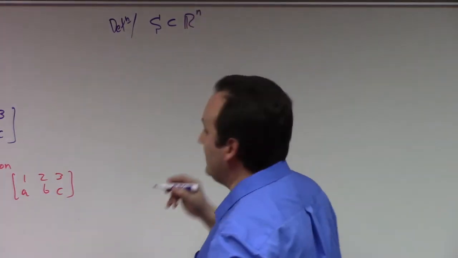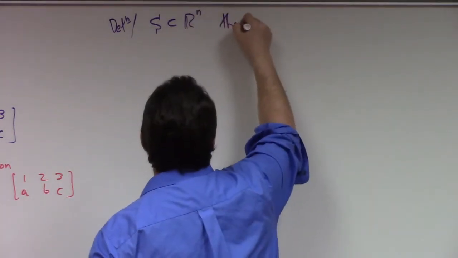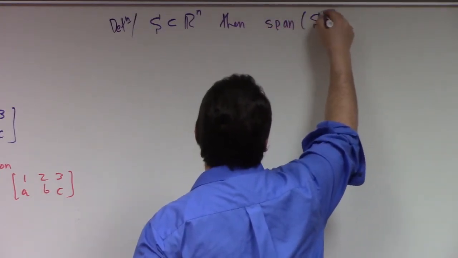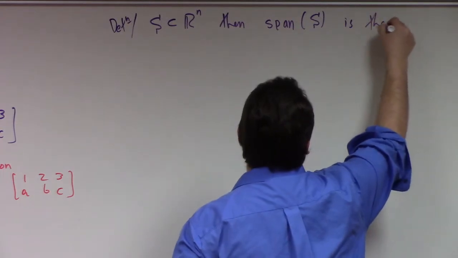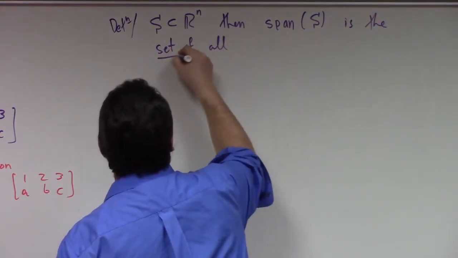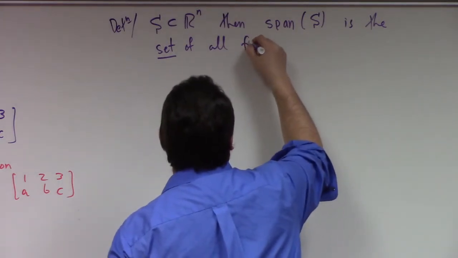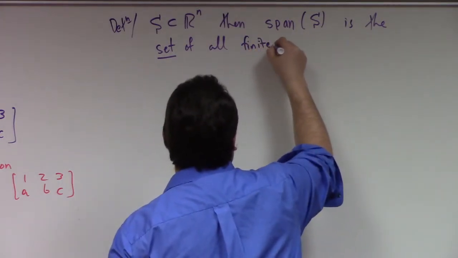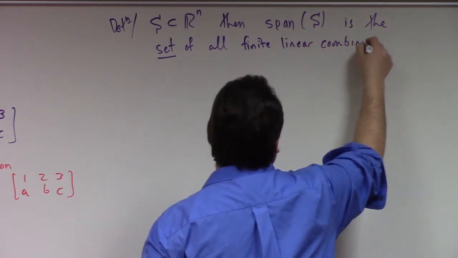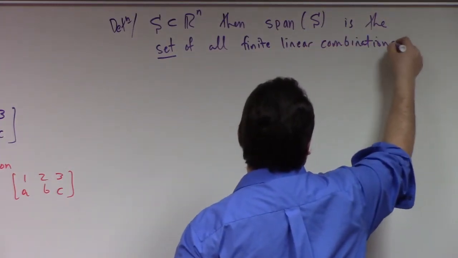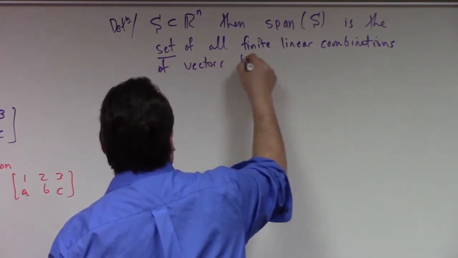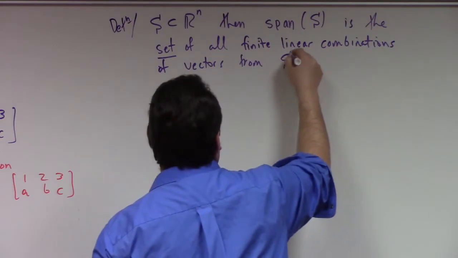All right, so some subset of R^n, then the span of S is the set of all finite linear combinations of vectors from S.